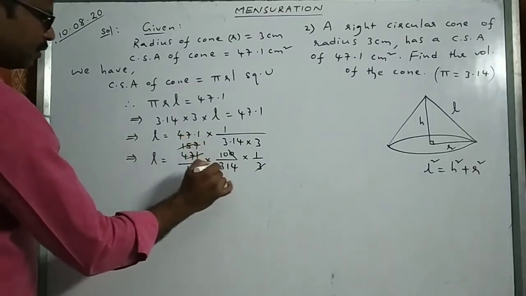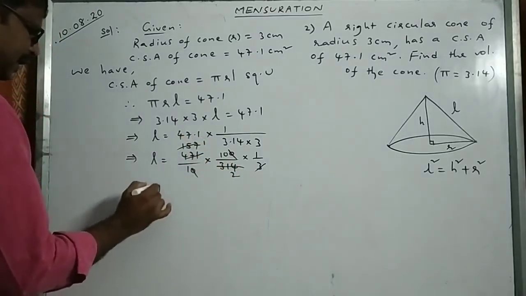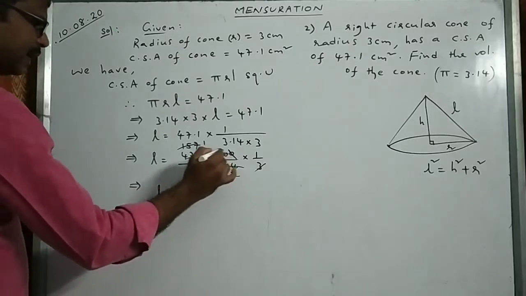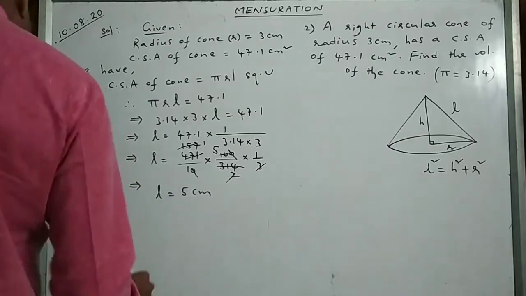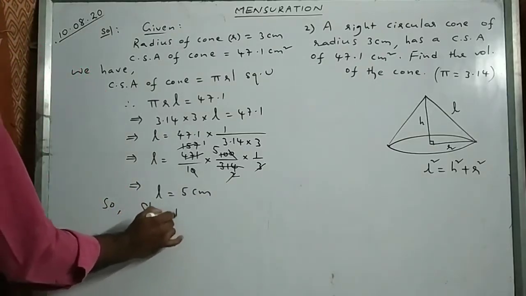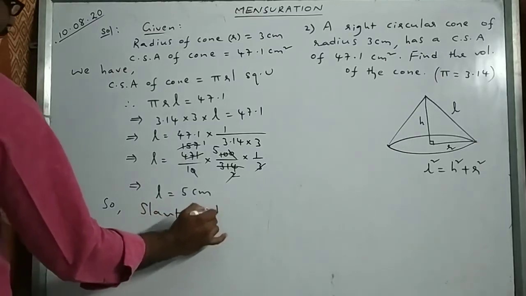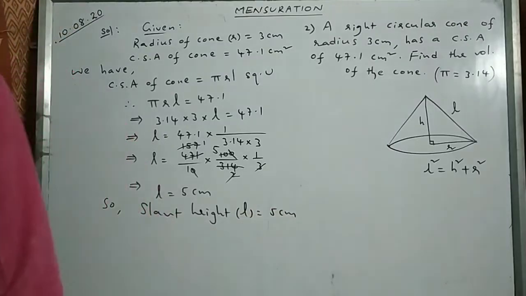Then L equal to, here 2 is there, 10 is there, 2 5s. So L equal to 5 cm. So what is L? Slant height. Slant height L equal to 5 cm, right?